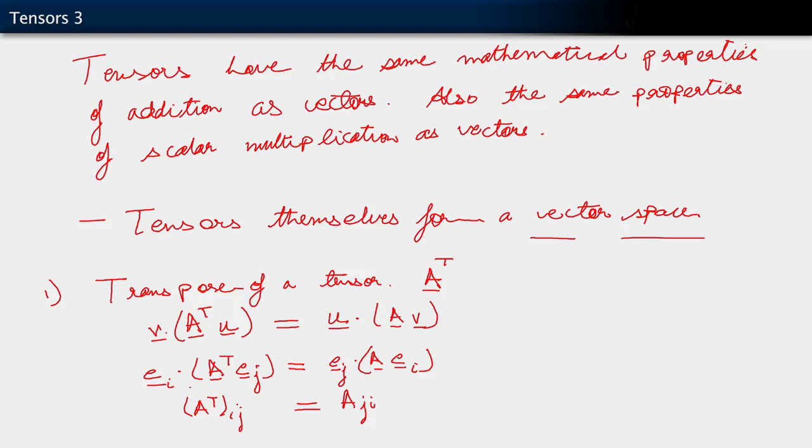If we ask then what we mean by the IJ component of A transpose, well, it is just the JI component of A. Okay? So this is what we mean by the transpose of a tensor. Okay, pressing on then, let's look at some other properties. We will look at the idea of the multiplication of tensors.